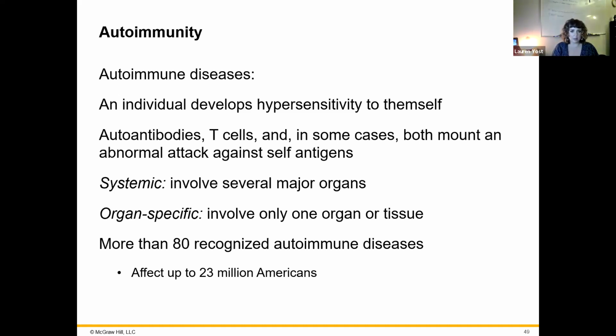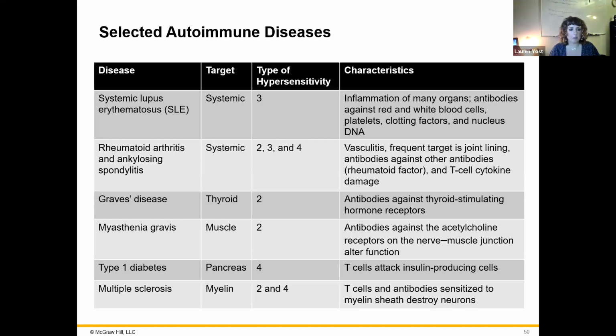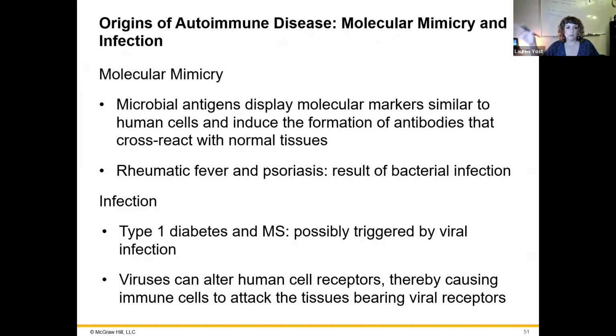They can be systemic, so we have inflammation going on all over the body, or they can be organ specific, so local. Here are a few of them. Here's our little table of the diseases themselves, as well as characteristics associated with them, and important to you guys, the type of hypersensitivity that is involved here, as well as the tissue target, okay?